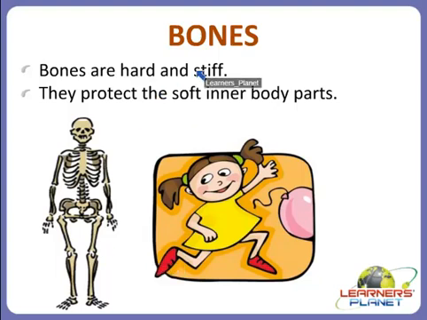So, what are bones? They are hard and stiff parts of the human body which make up the skeleton. So what do these bones do in our body? They protect the soft inner body parts.